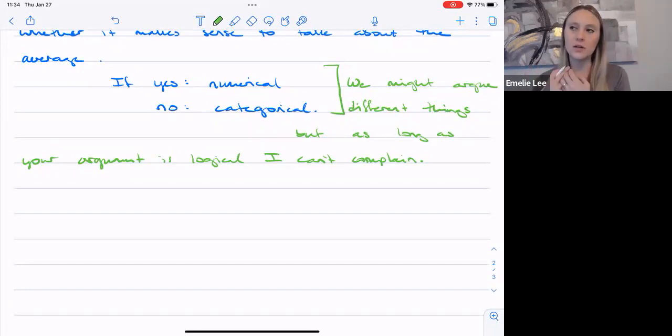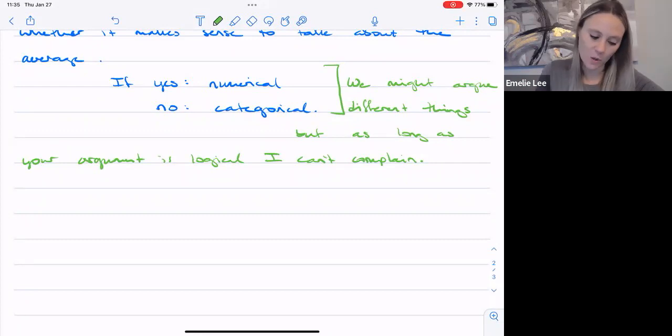And so as long as you have the know-how, meaning, does it make sense to talk about the average? If you tell me yes, it does, then you should tell me that it's a numerical variable, or you will treat it as a numerical variable. So it's kind of this song and dance of, I know what the argument is, and as long as you apply it logically, then I'm happy.